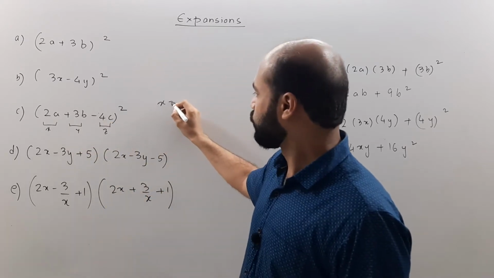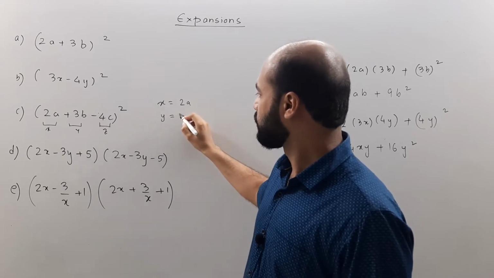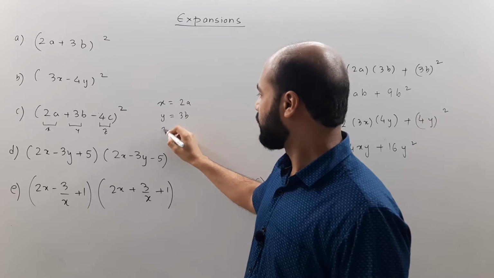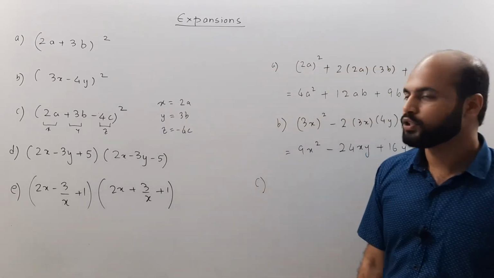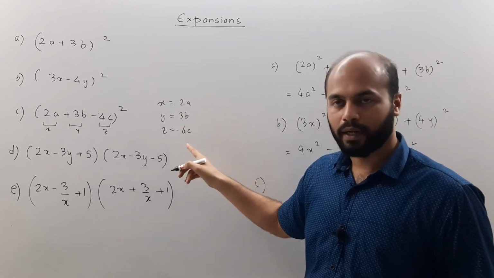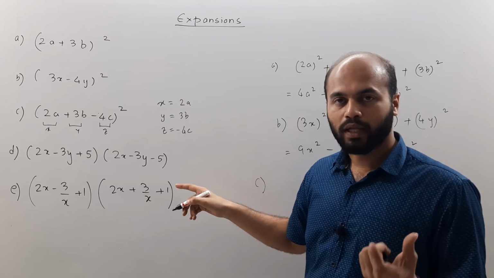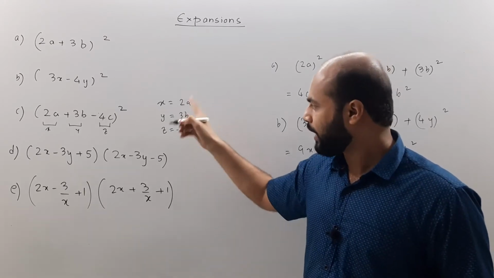So I choose x as 2a, y as 3b and z as minus 4c. So it will be the expansion as x square plus y square plus z square plus 2 times xy, 2 times yz and 2 times xz.